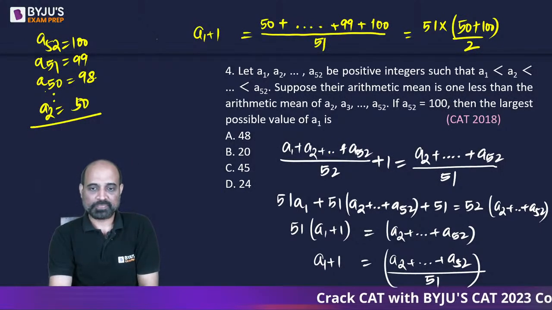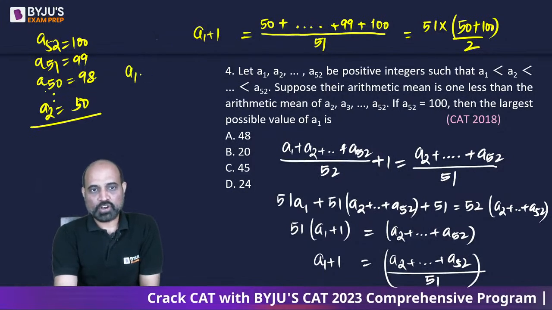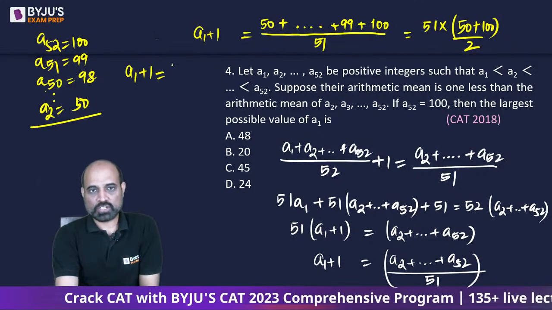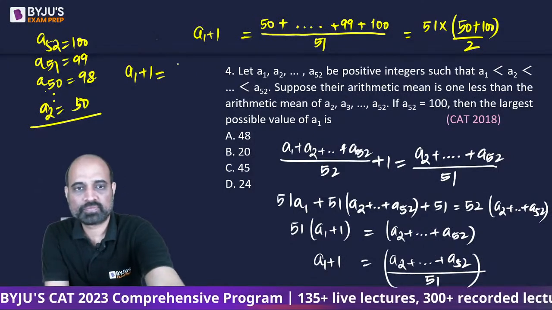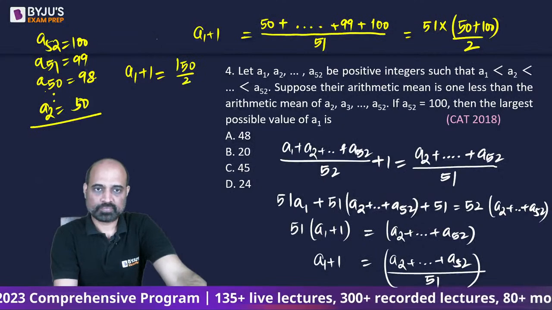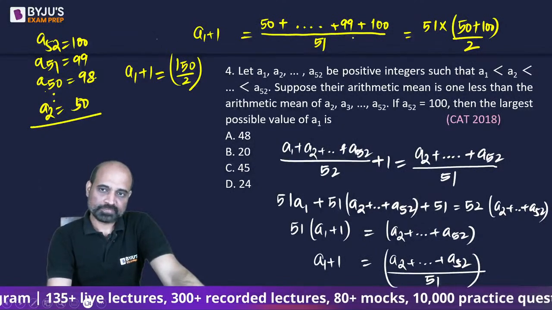So silly me. If you look at this particular equation, we got A1 plus 1 is equal to 150 by 2, right? 51 and 51 will cancel out.